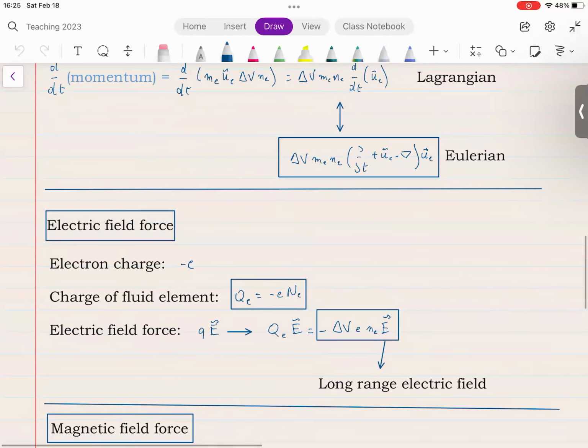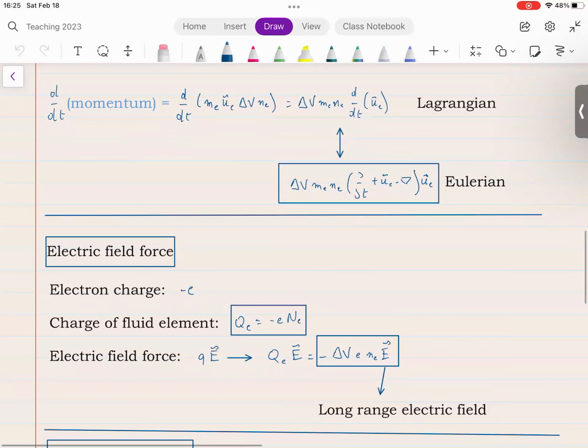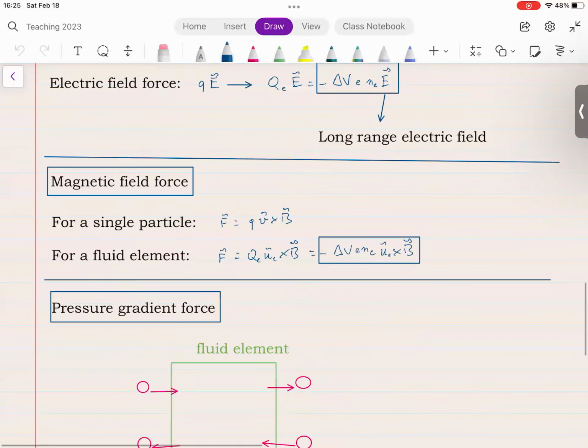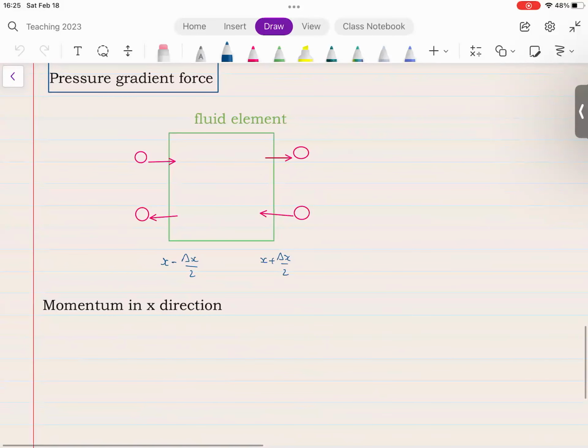Well, we do have the expression of the momentum, so I might as well just write the expression. That was delta V E, and then for the x direction, U sub EX, which is of course in the x direction.